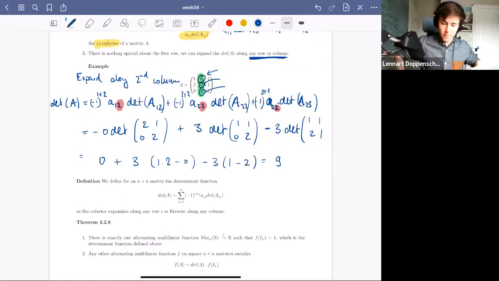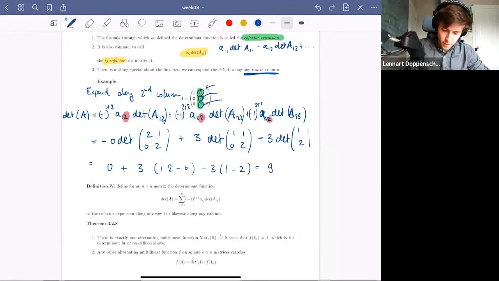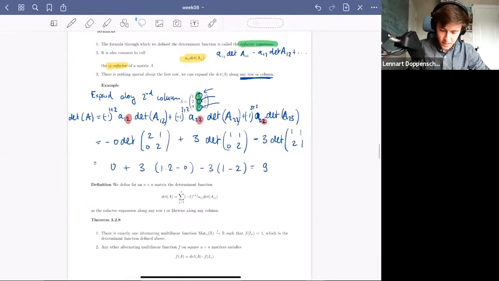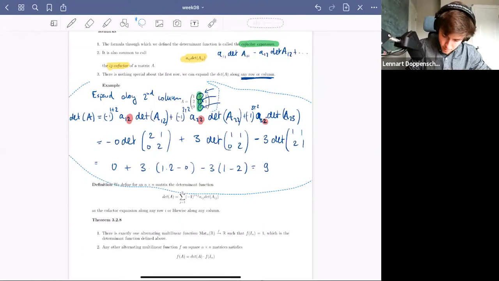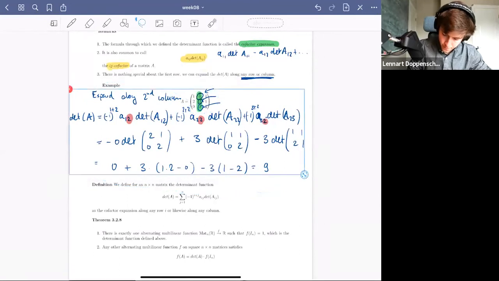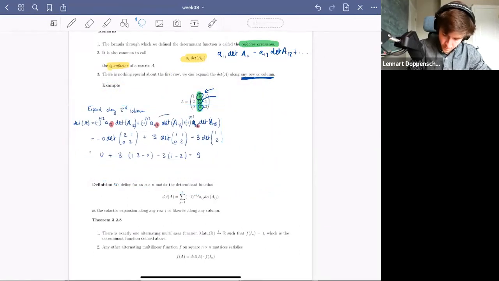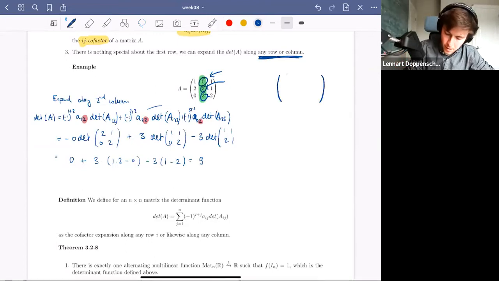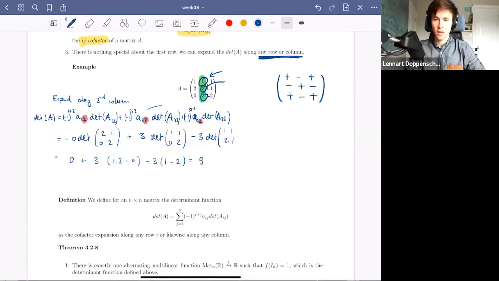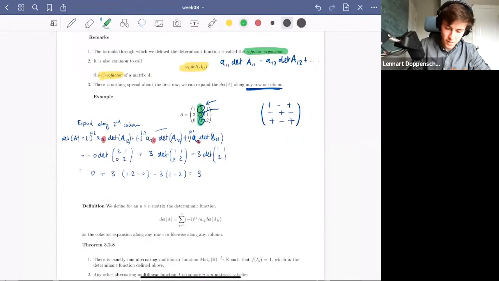Okay, so just a little tip about the sign conventions again. The sign convention can also be viewed this way: if you have a 3x3 matrix and you take a certain cofactor, then the corresponding sign alternates between plus and minus. So if you expand along the second column, you're going to have the signs minus, plus, and minus.